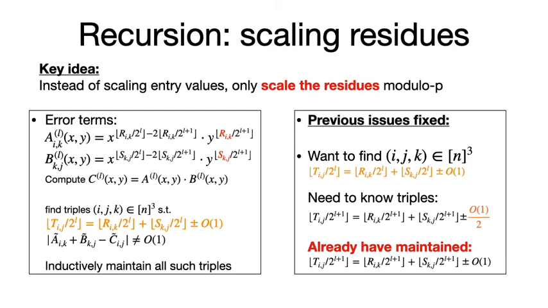As for the previous issue, suppose we want to find triples that satisfy this equality. Then it suffices to find triples from the previous level where the difference is divided by 2. Now, the key point is that this is integer division by 2, not field division under mod P. So it must have been maintained already in previous levels.